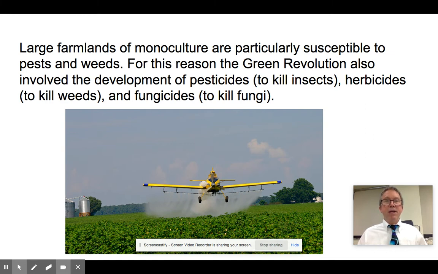And so, in order to prevent that from happening, it's necessary to treat these crops with things that kill the organisms that might kill them. So you have to have things like pesticides to kill animals, mostly insects. You have to have herbicides to kill weeds. You have to have fungicides to kill fungi. And so you're putting a lot of these chemicals on the crops.